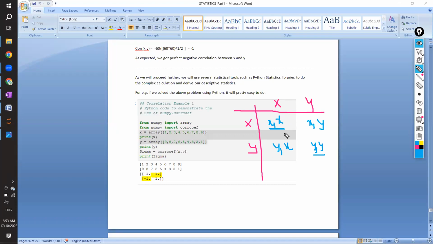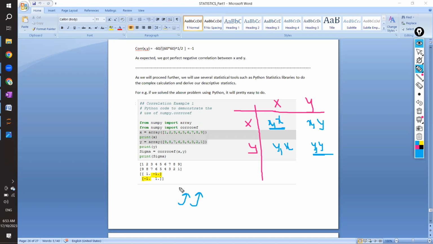Obviously, what will be the correlation of a column with itself? It will be 1. Every column, if you consider it with itself, the correlation will be 1, because if that column increases, obviously that column increases.